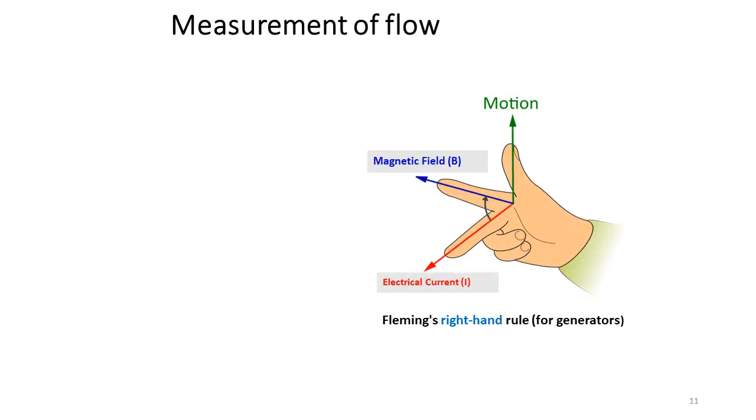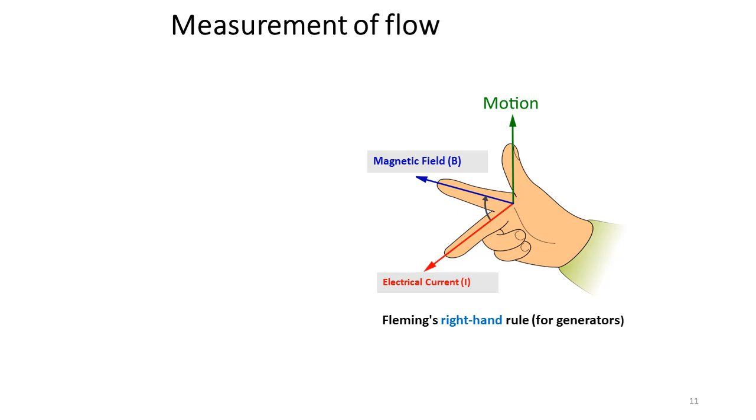How is flow measured in the laboratory or in the clinic? Before introducing the apparatus for measurement of flow, let's talk about Fleming's right-hand rule. Fleming's right-hand rule says that under a magnetic field, if we have a motion, we can produce an electrical current, I. This is the basis of all generators.